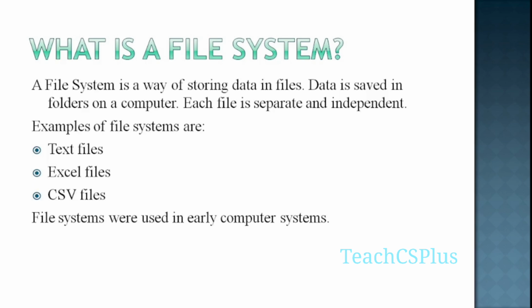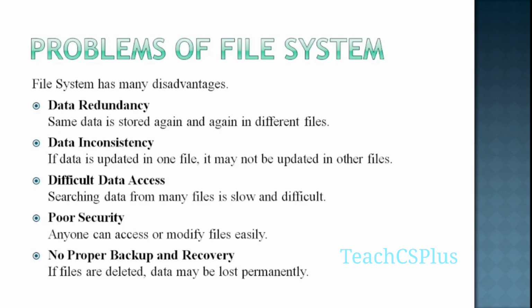So why was it used in the early computer systems and why don't we prefer it anymore? Let's see why we don't prefer it anymore. Problems of file system. It has many disadvantages like data redundancy. Same data is stored again and again in different files. Data inconsistency.